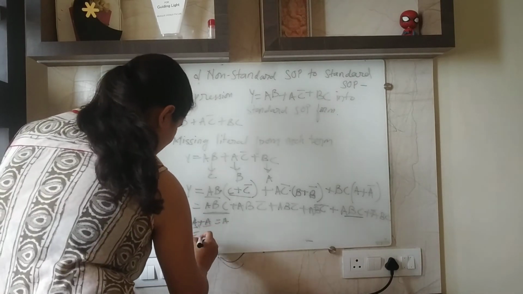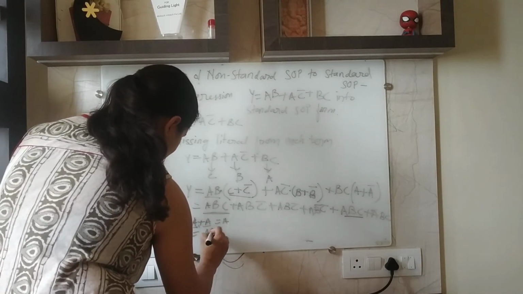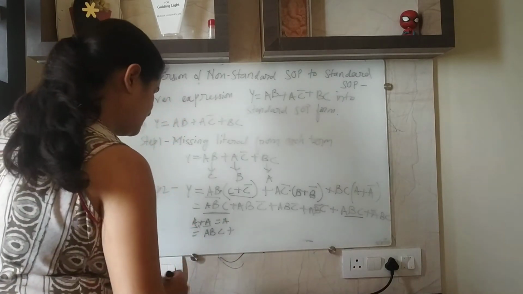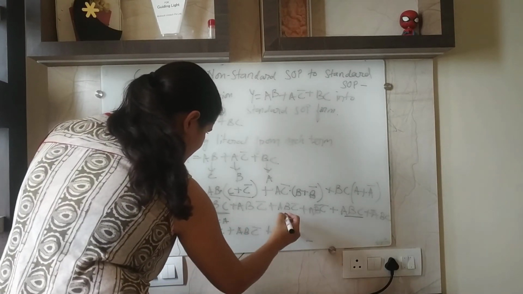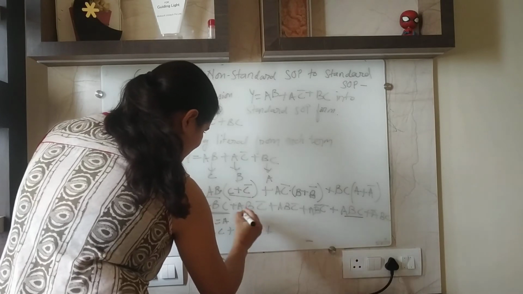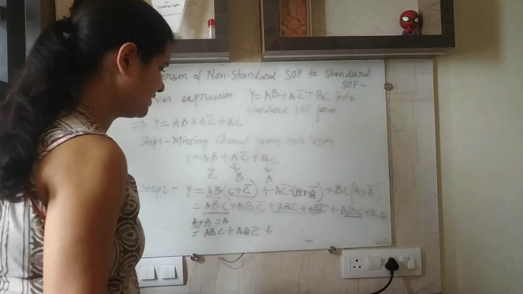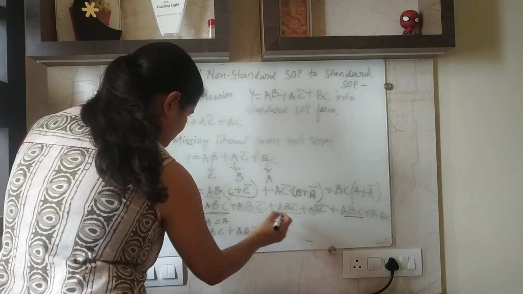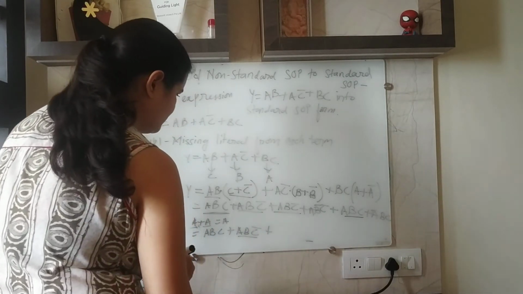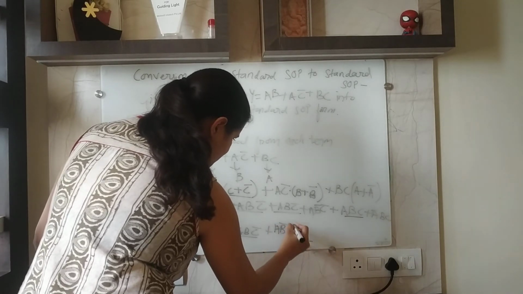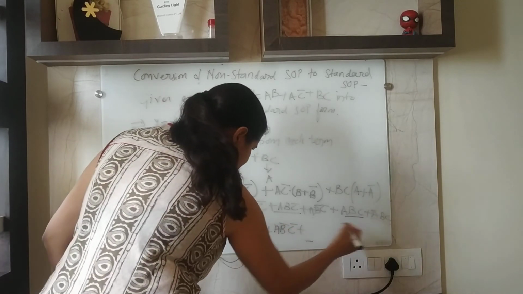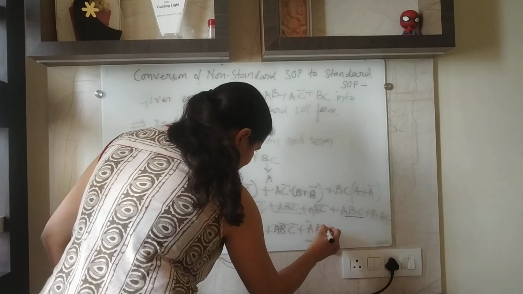So ABC plus ABC is single ABC, plus ABC bar. Plus, you can see that ABC bar is also twice, so that's why we write it only once, ABC bar, then AB bar C bar. This term is not repeating and this is also not a repeated one, so I will write it as it is.